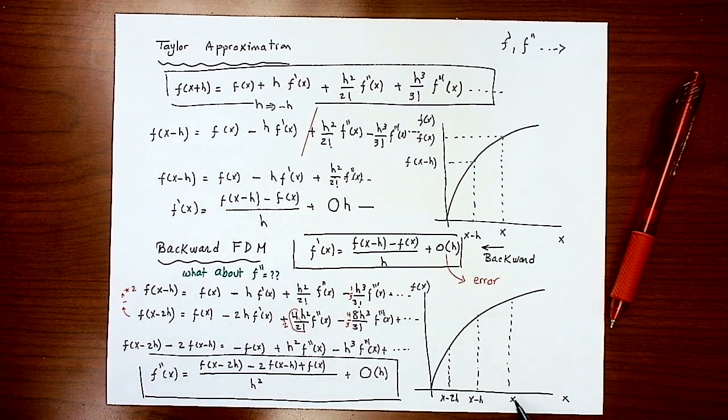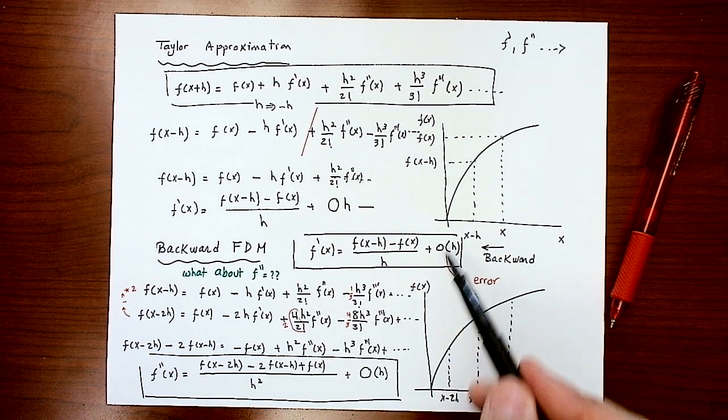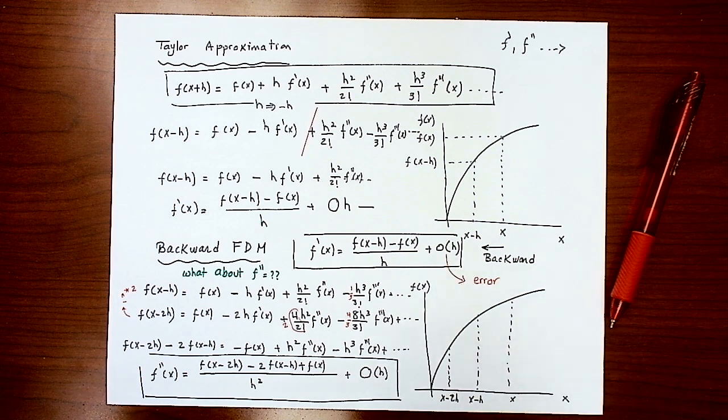So if you assume 1 point to the right and 1 point to the left, then you develop the formula for f prime and f double prime, you will see that the error will be improved because it will be a higher order of h. I think that you should practice that yourself and figure out what error you can get for the forward and the central finite difference method.